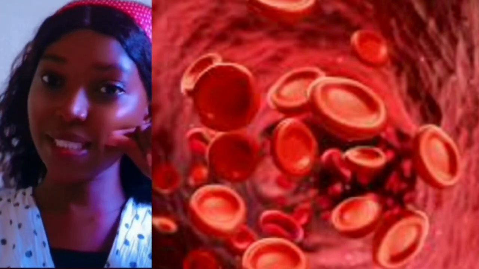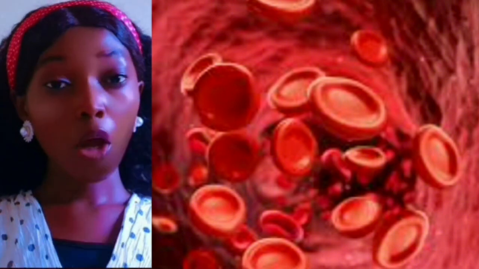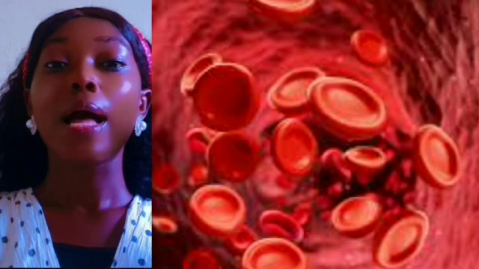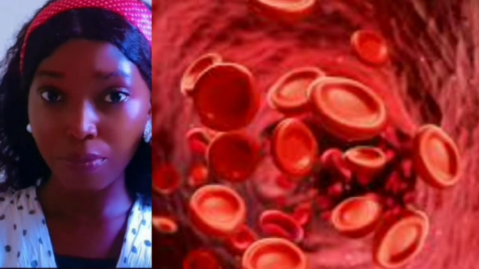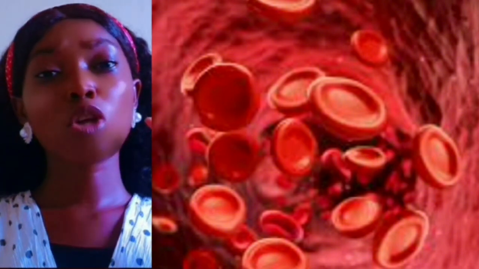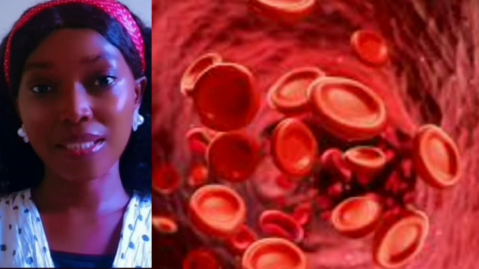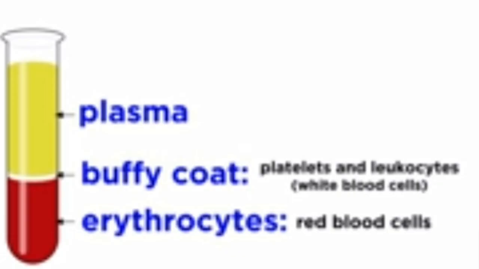Let's mention that blood is typically considered a fluid connective tissue, and as such, it is the only fluid tissue in the body, full of fibrous proteins. It is comprised of formed elements, which are blood cells suspended in a fluid called plasma. If we place blood in a centrifuge, it will separate into its components.